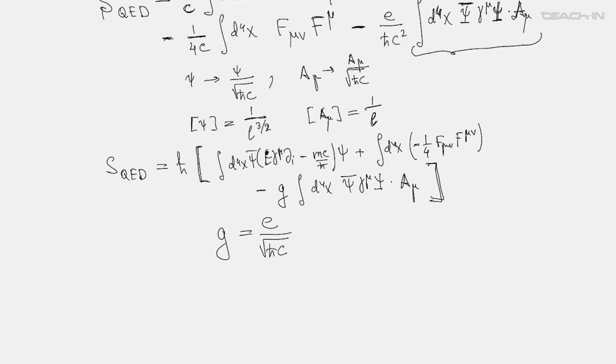So e has the dimension of electric charge, but we know that this combination, the square root of h bar c, also has the dimension of electric charge. So when we divide these two, we get g, which is a dimensionless quantity.